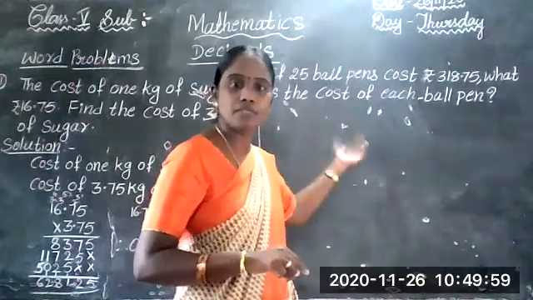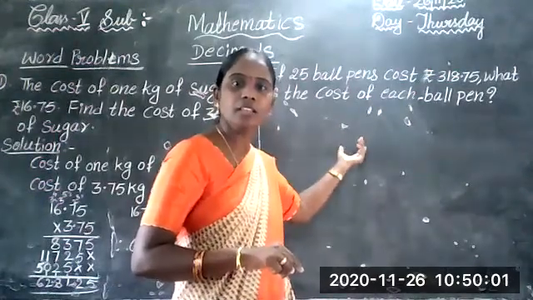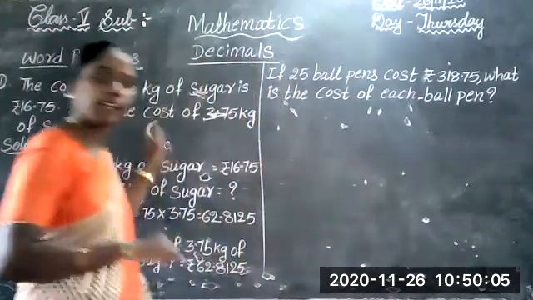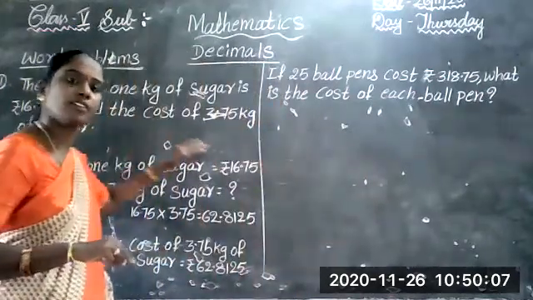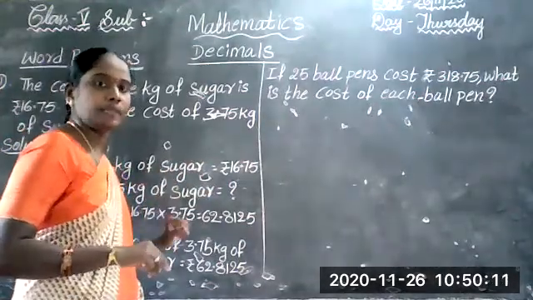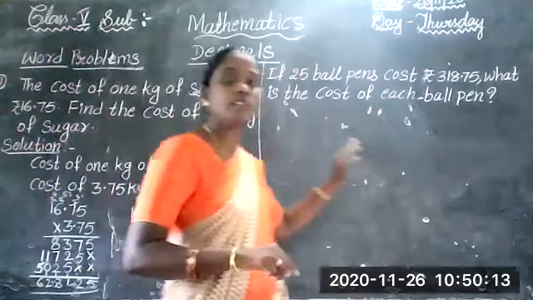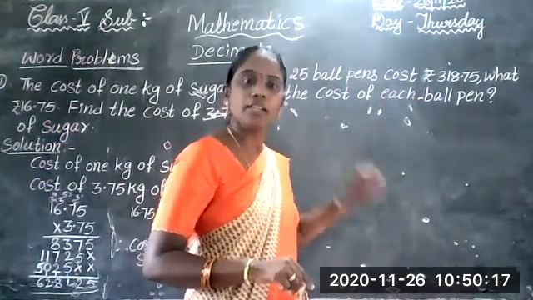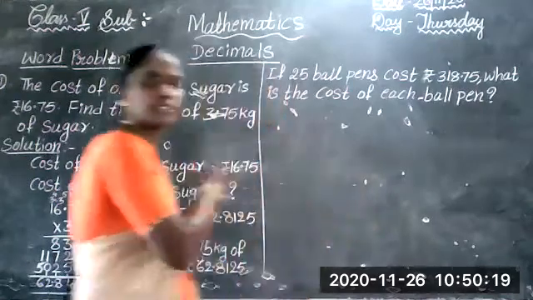The sum of the cost is given. Here we have to find out the cost of one. But in the other problem, the cost of one is given and the sum of the cost is found in multiplication, so we do multiplication. But here the cost of one is asked in this problem. So what do we do here? Division. What is the difference in the two problems?